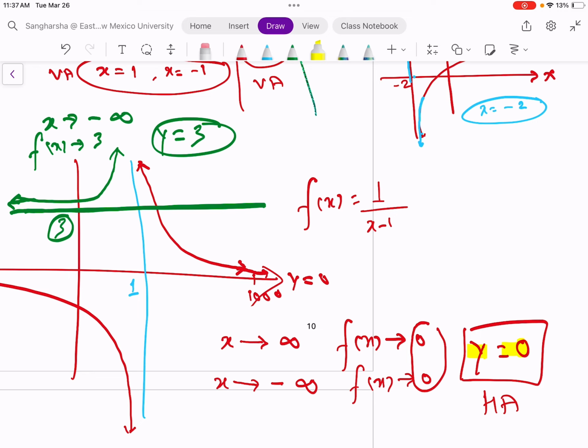And a vertical asymptote is like you choose a number, and when your input is close to some number, if your output is very big or very small, then x equals that number is the vertical asymptote. And for the horizontal asymptote, we find a number. We choose our input to be large or small, and if our output is close to some number, then y equals that output is our horizontal asymptote.